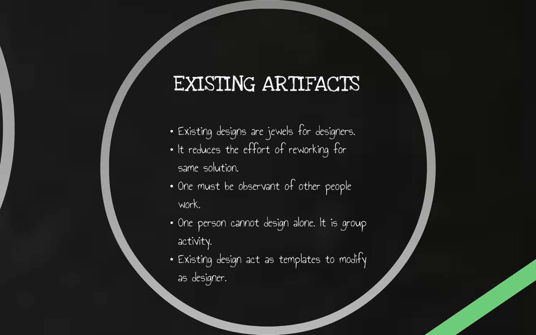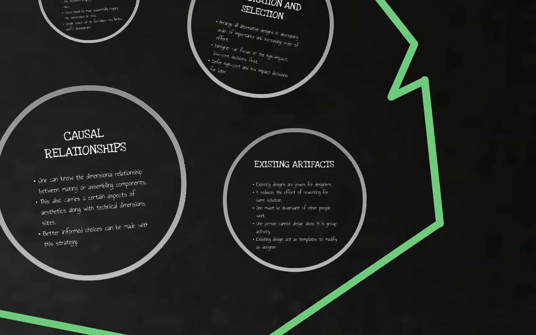The existing designs are basically jewels for designers. It reduces the effort of reworking the same solution. If you are observant about other people's work, you do not need to design it once more. You just choose one available solution, and it acts like a template for you to modify as a designer.